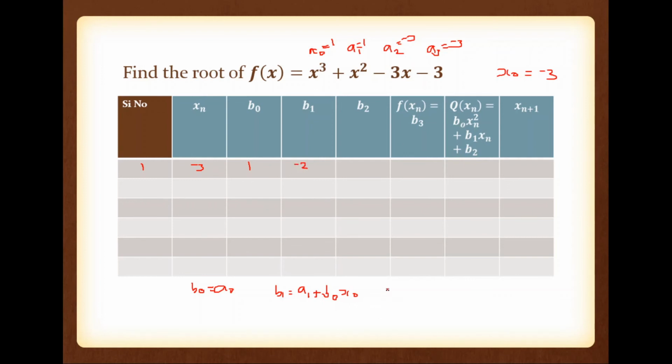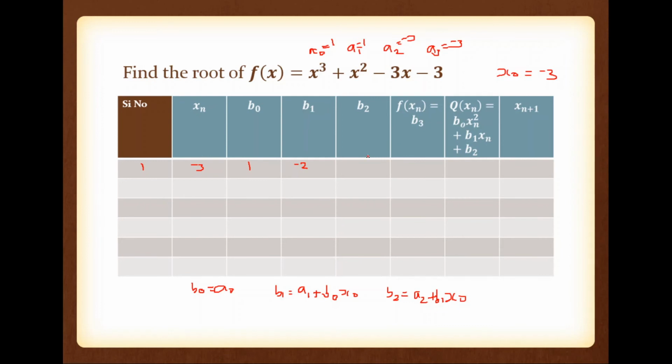Now what is b2? b2 is equal to a2 plus b1 x0. Now what is the value? a2 is minus 3, so minus 3, now b1 is minus 2, so minus 3, minus 2 into minus 3. So minus 3 plus 6.